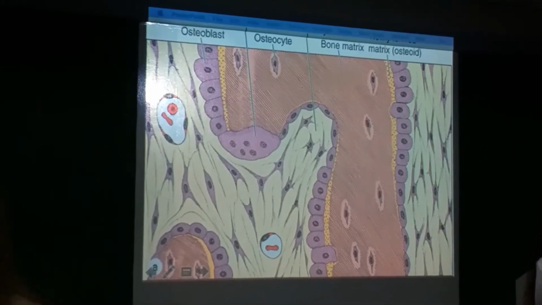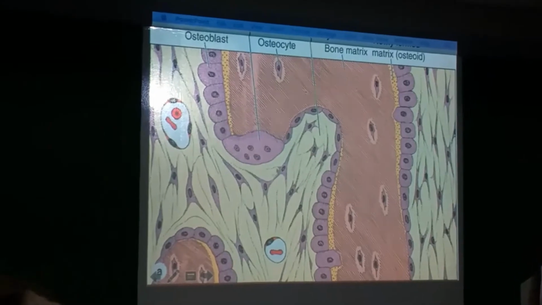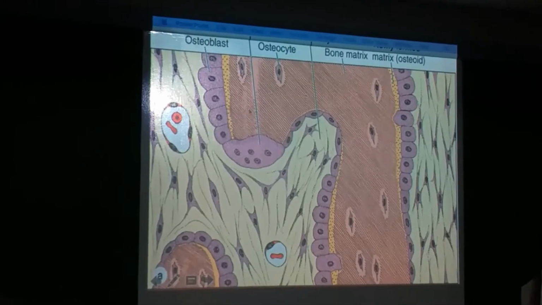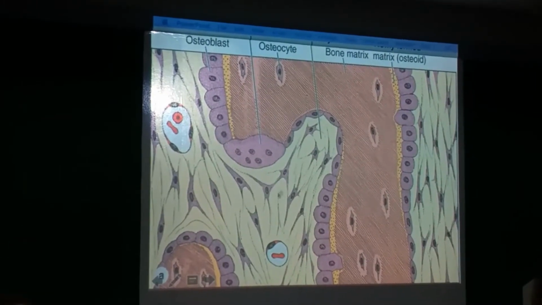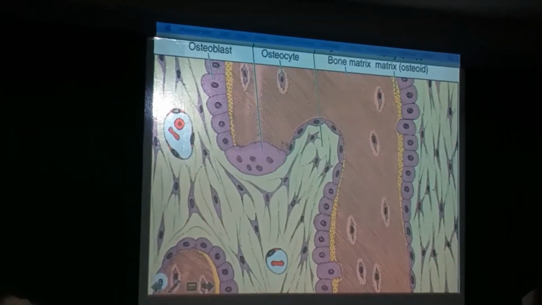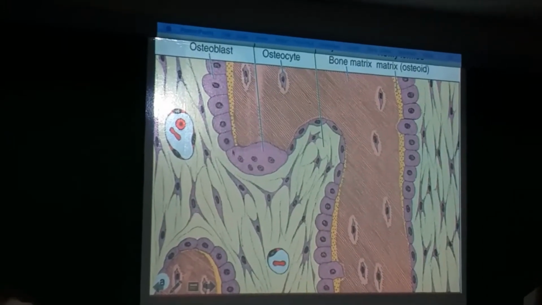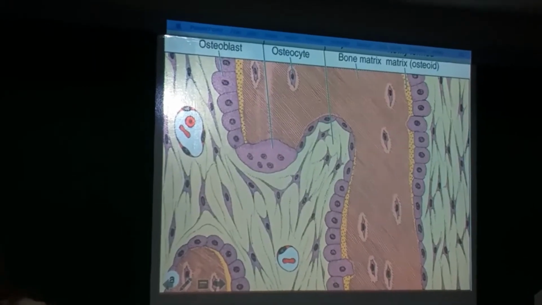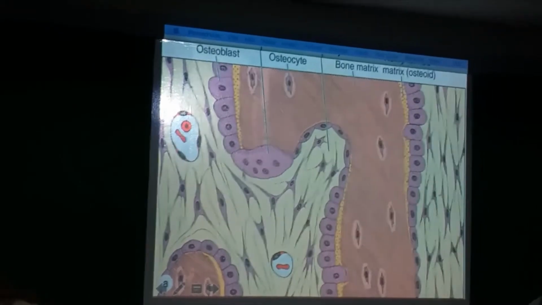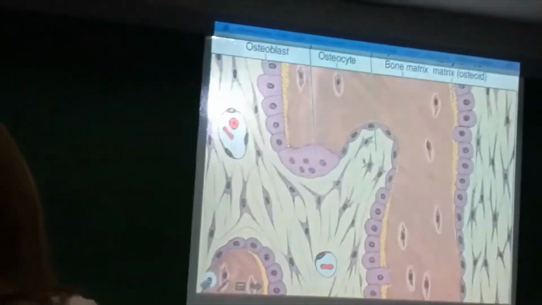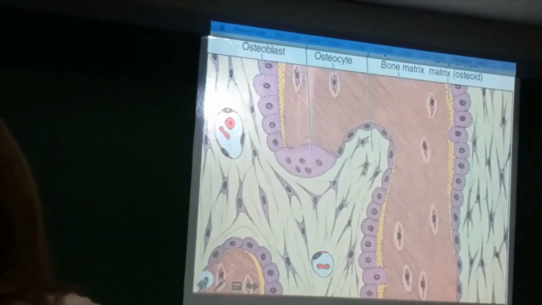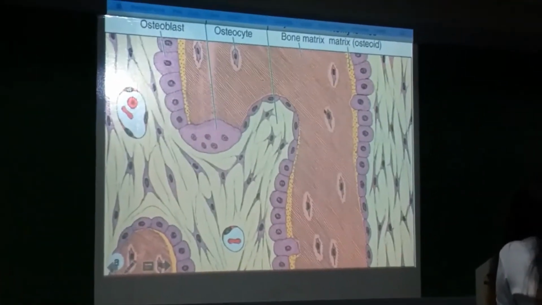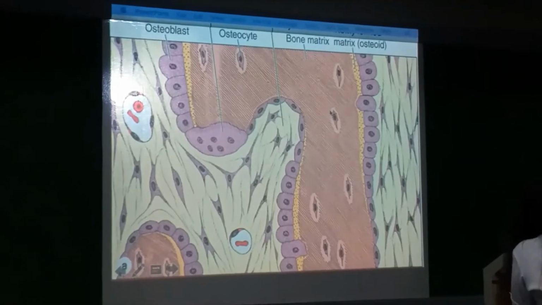Now take note, osteoclast does not come from the mesenchymal cell. Again, your osteoclast, they are not derived from the mesenchymal cell. Where do they come from? They are from the monocyte phagocyte system. The only bone cell that is derived from the monocyte phagocyte system is your osteoclast. Now, this mesenchymal cell will be differentiated into osteoblast and later on to an osteocyte.